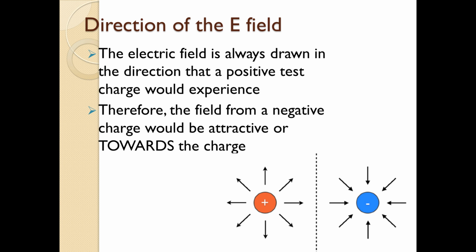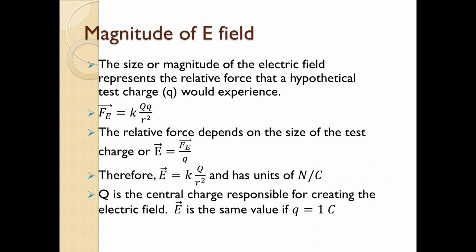As we can see, the electric field from the positive charge goes away, and the electric field goes towards the negative. That gives us the direction of the electric field. The magnitude of the electric field is something that we'll have to calculate, and we've already gotten halfway there when we calculated the force.